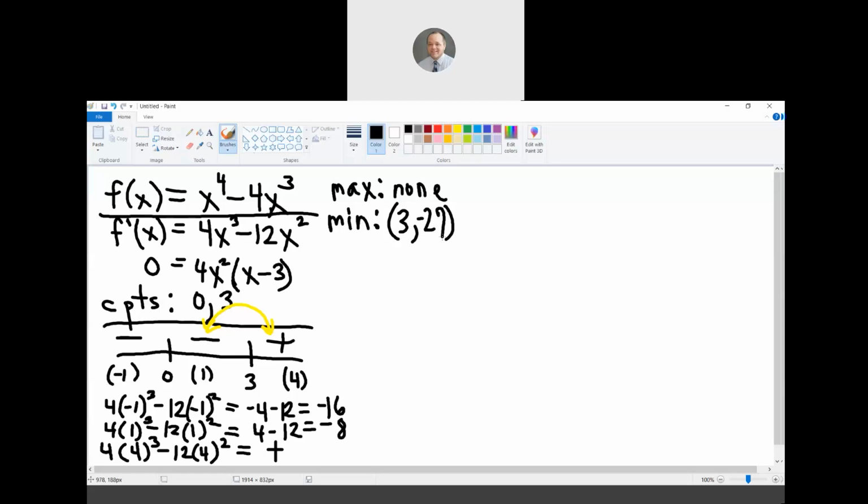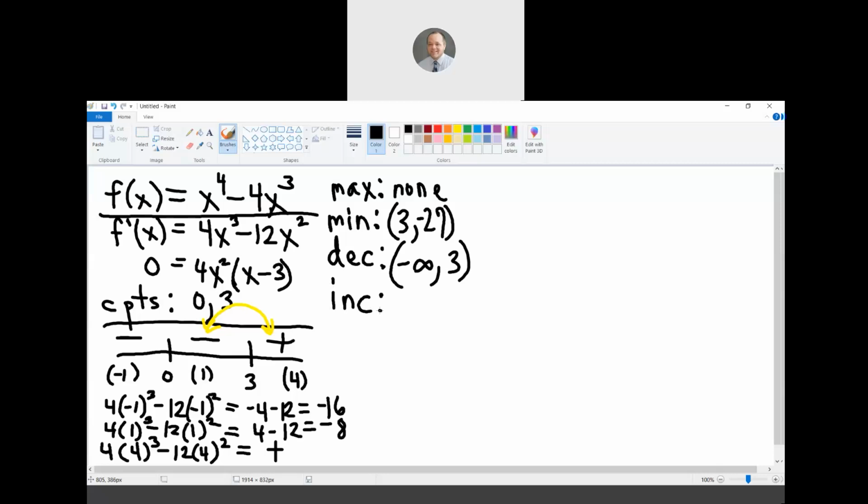Now, our graph, based off the negative signs, is actually decreasing from negative infinity to positive 3. And the plus sign on our first derivative sign chart indicates where our graph is increasing.